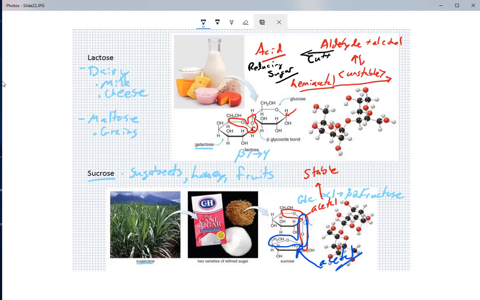Acetals are stable, they don't open up, which means that this is a non-reducing sugar. It will not react positively with Benedict's or Fehling's reagent. It will not reduce copper 2. It will not get oxidized to the acid because these acetal linkages are stable and they do not open up to reveal the aldehyde and alcohol.